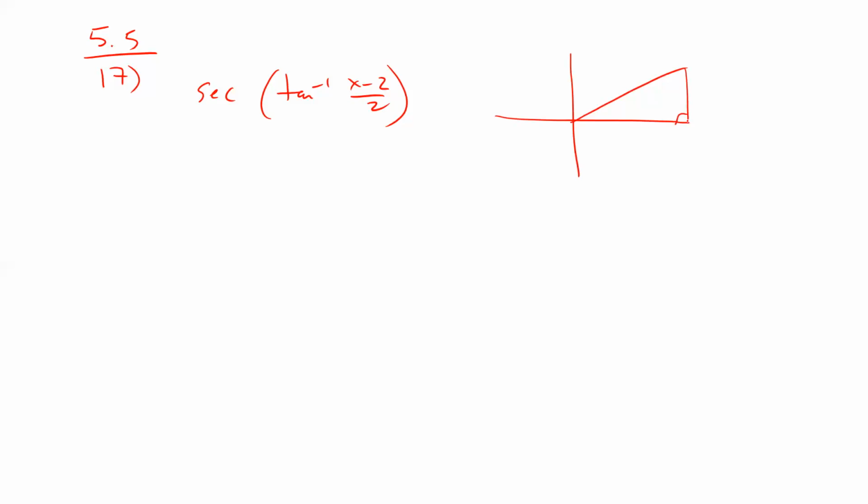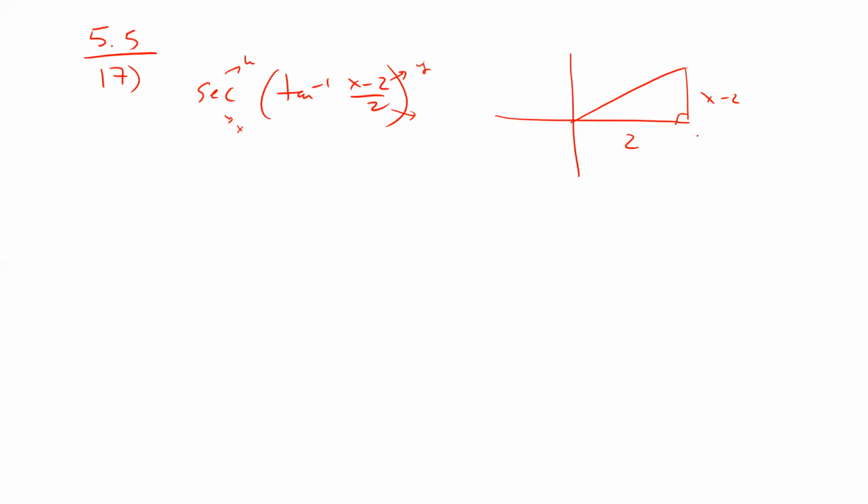Here's my little rectangle. So this would be the sine value or the y value over the x value. I'm okay with that. What am I missing here for secant? Where's the cosine? I need the hypotenuse here and then the x value here. I think that's good. Okay, let's go with it here.